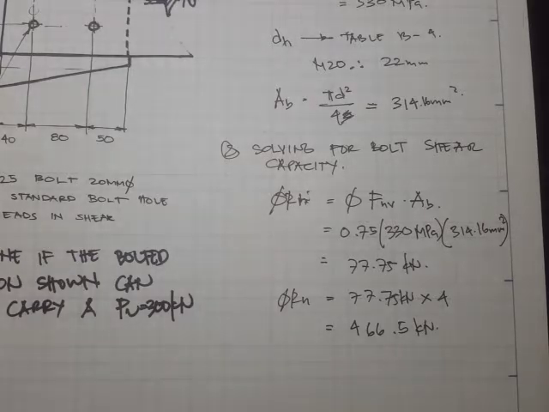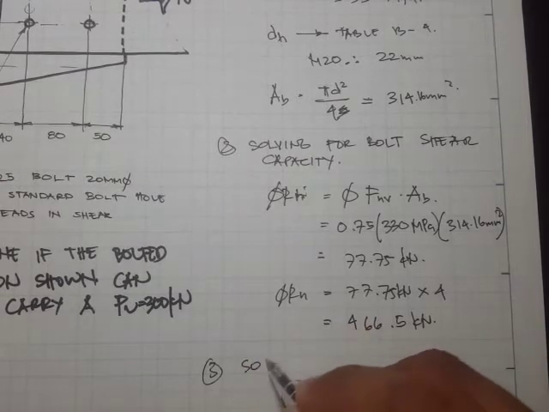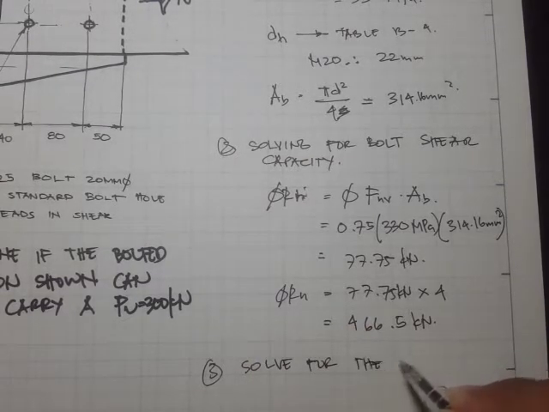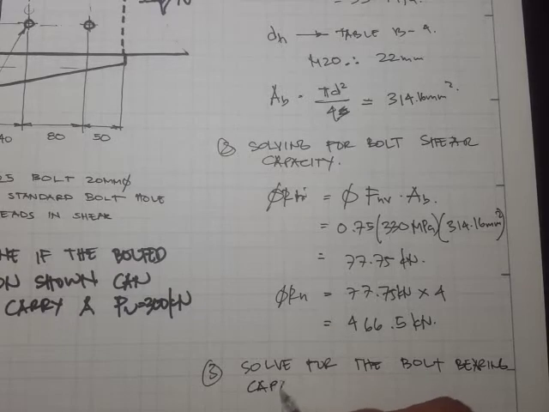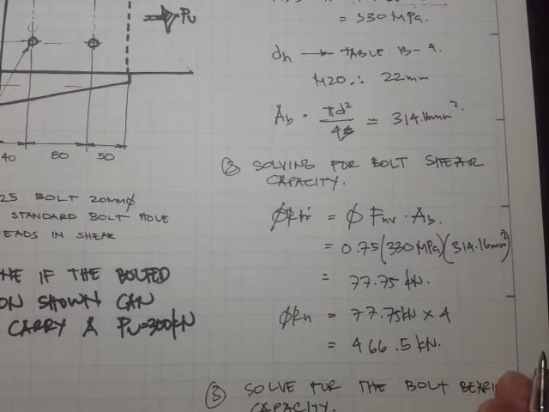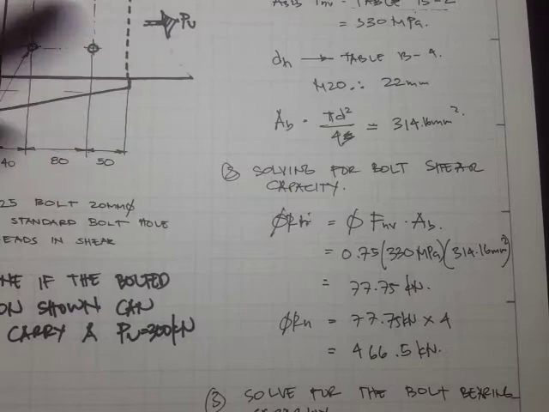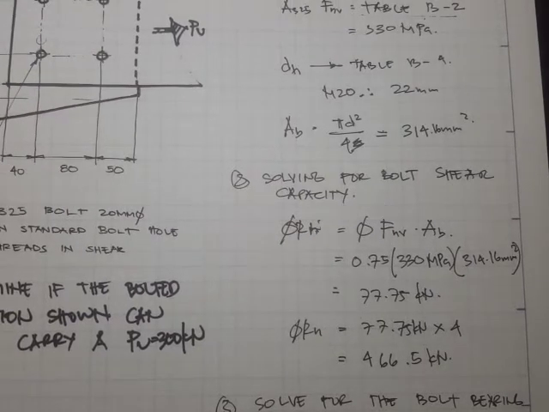Okay, so now the next step is to solve for the bolt bearing capacity. Recall that bolt bearing is actually independent of the type of fastener, but depends on the plate material.